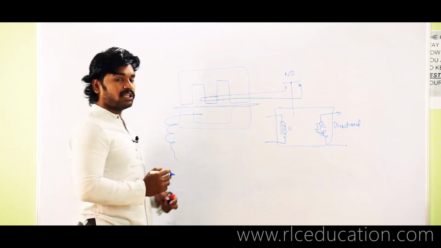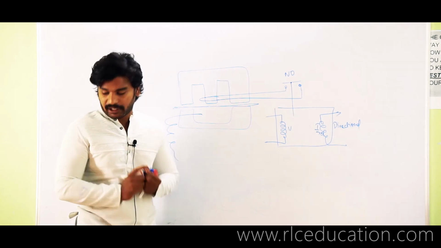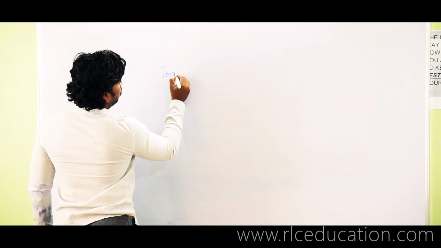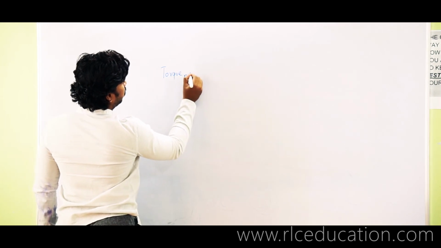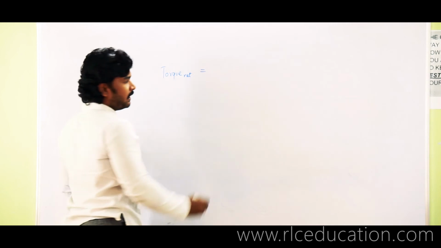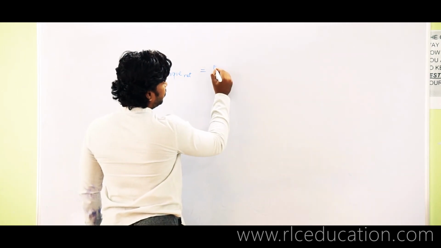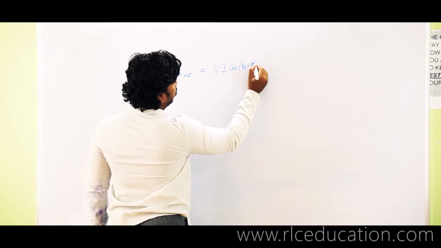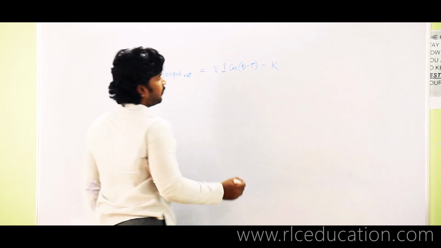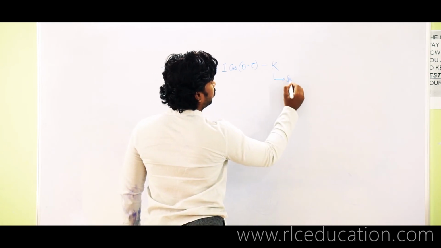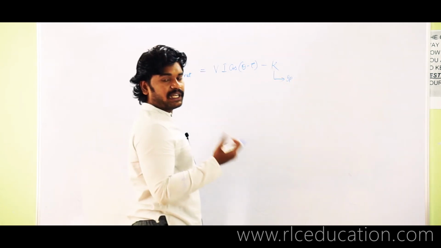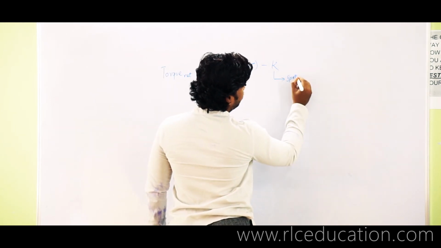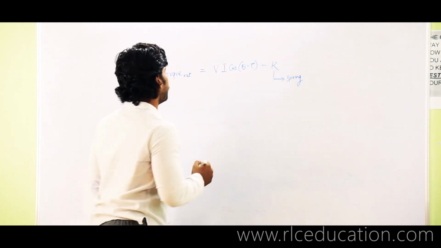So this is the basic logic behind a directional overcurrent relay. The net torque developed in a directional overcurrent relay is generally given by this formula: V I cos(theta minus tau) minus k, where k represents the spring torque component, because there is a spring element which tries to restrain the operation of the disc.